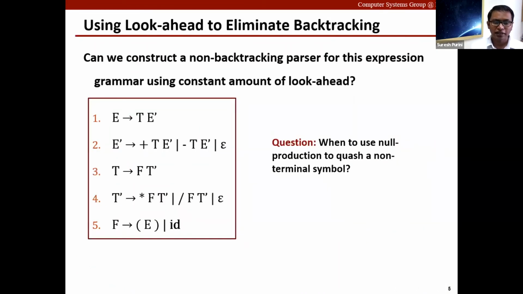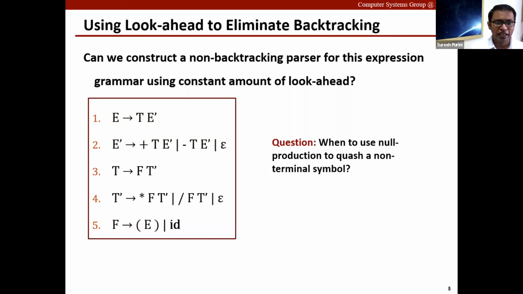Now this is the expression grammar which is obtained after eliminating left recursion from the original expression grammar we started with. And the question is, can we construct a backtrack-free parser for this expression grammar?